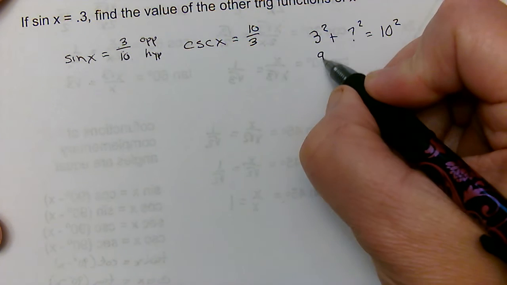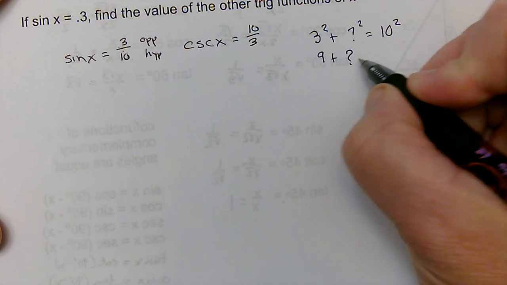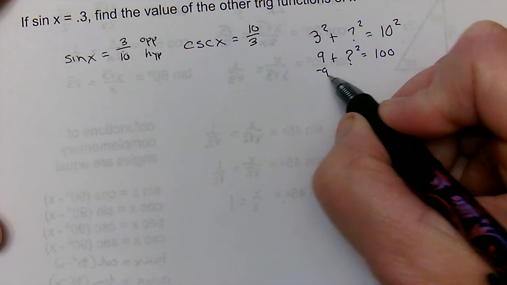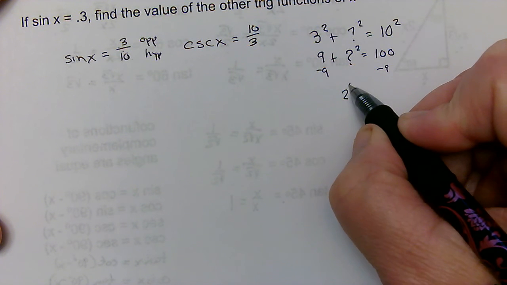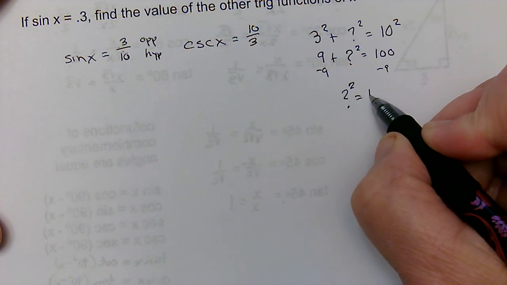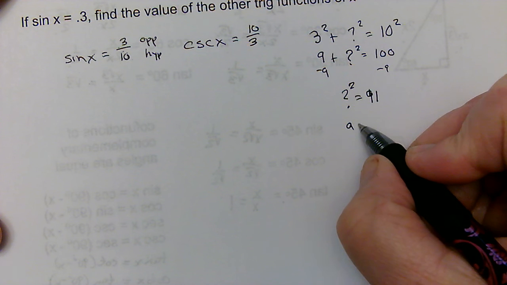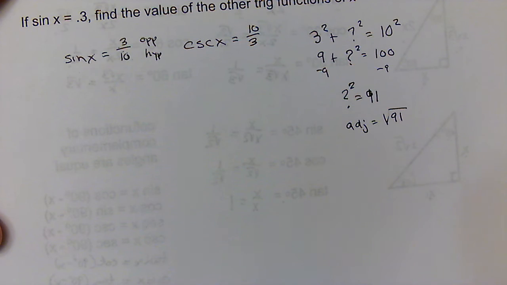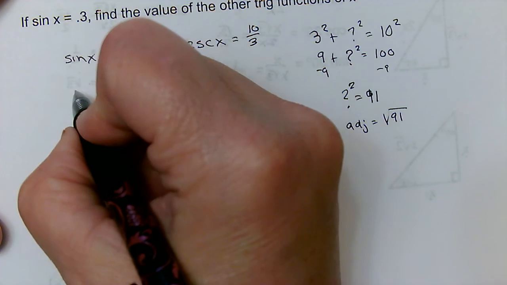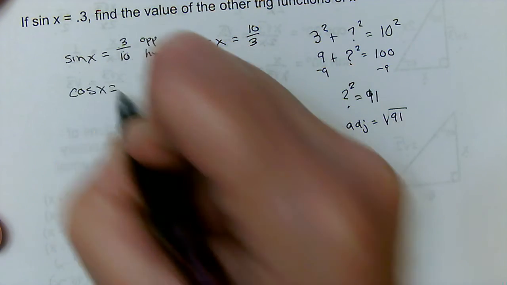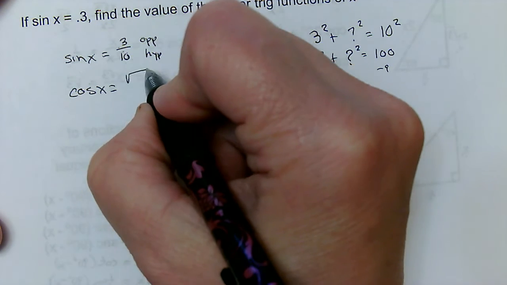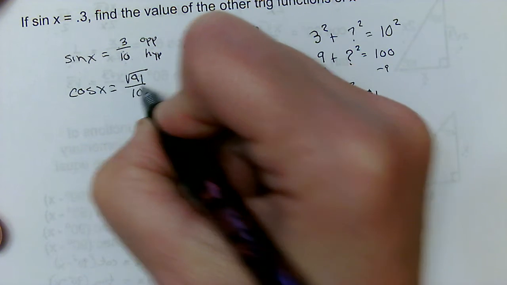So that means 9 plus whatever the adjacent is squared equals 100. So if I subtract the 9, I get that adjacent squared equals 91. So the adjacent would be the square root of 91 if I'm using 3 for the opposite and 10 for the hypotenuse. Well, that means the cosine of x would be the adjacent, square root of 91, over the hypotenuse, 10.